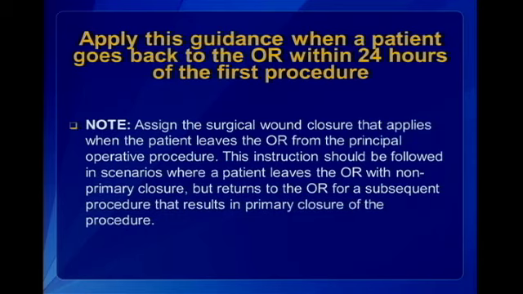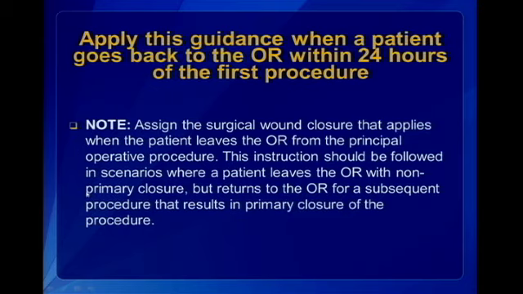Now, we're going to clean up the language around this because I've had a couple of questions. If you look in the SSI protocol, under our definition of a primary and non-primary closure, there is this little note here. This note reflects how you're supposed to assign the incisional closure when someone goes right back to the OR within 24 hours.